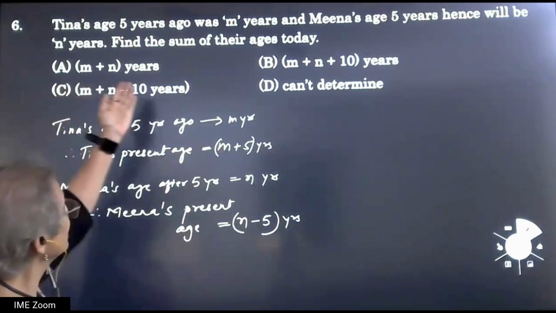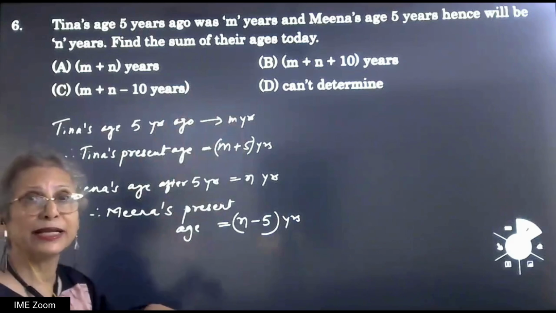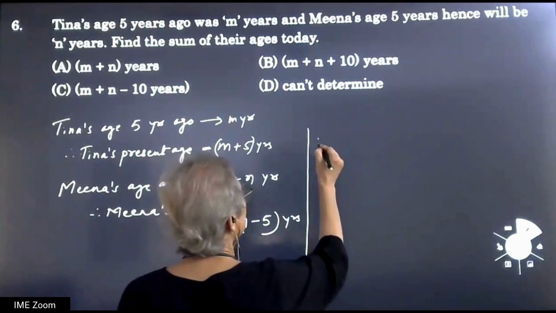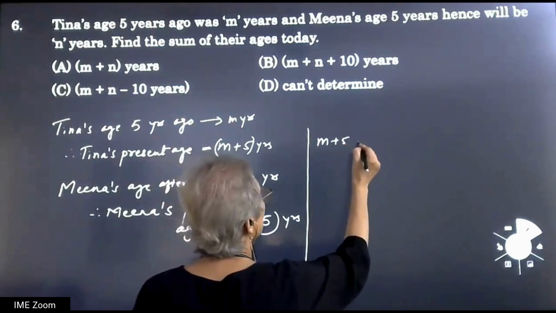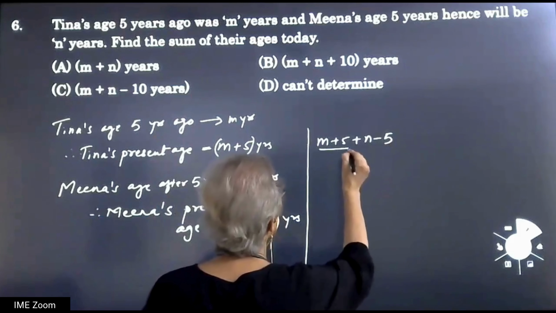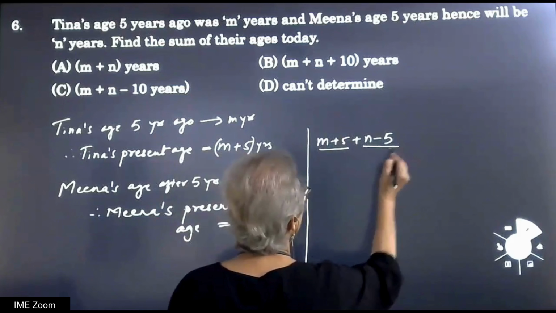And what is asked? Find the sum of their ages today. Today means present ages. Okay, so let us add them. So it is M plus 5 plus N minus 5. This is Tina's age, this is Meena's age.